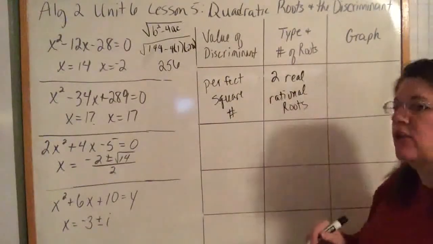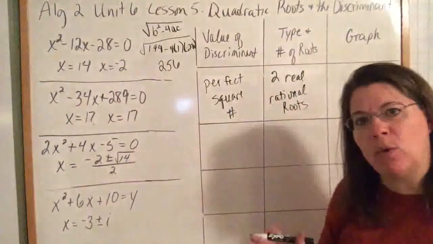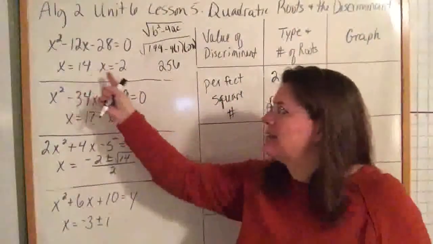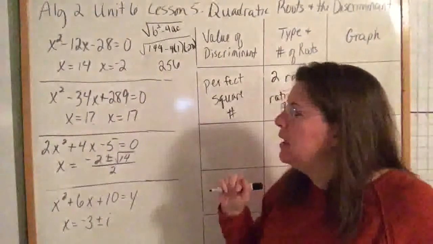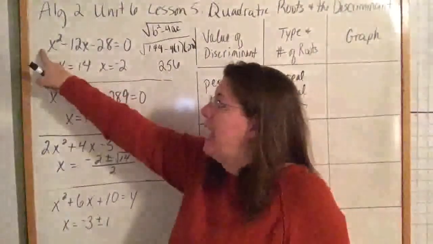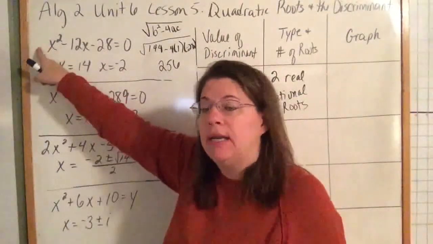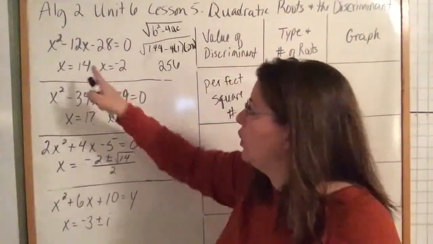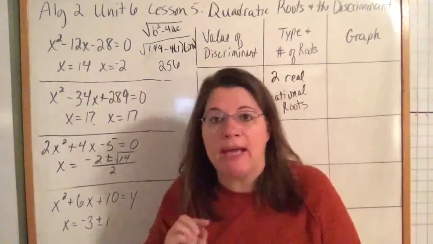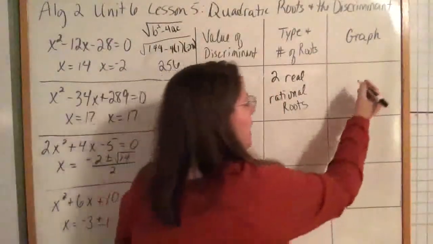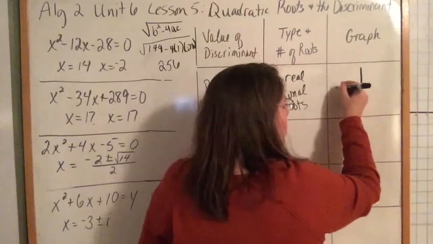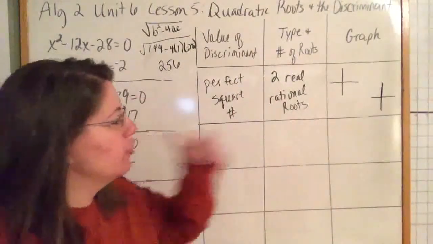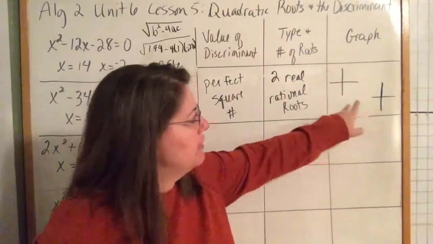And those two real rational roots, if you think about what the graph is going to look like, well, if our graph is crossing the x-axis at 14 and -2, and in this case, we know the a value was +1, isn't this one going to be going up, and then it's going to cross the x-axis? So those will be the two x-intercepts. So anytime you have a square number for the discriminant, you're going to have two possibilities for your graph. Now, I've drawn two coordinate systems here.